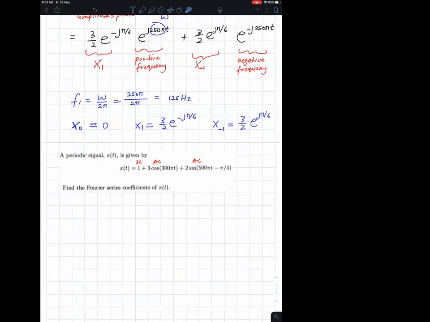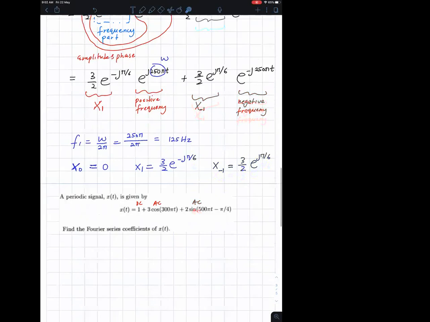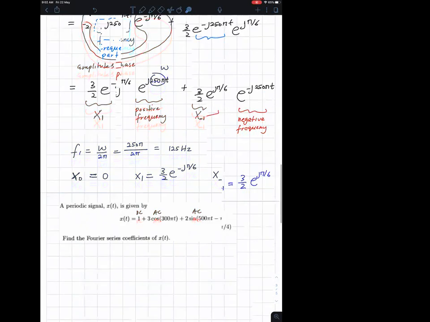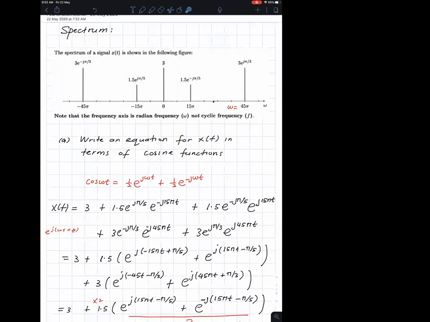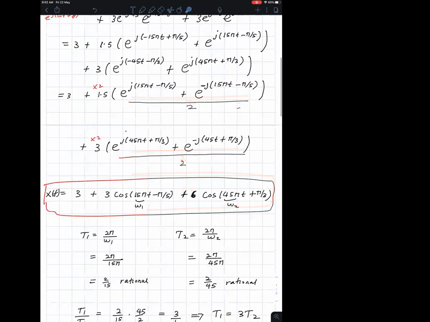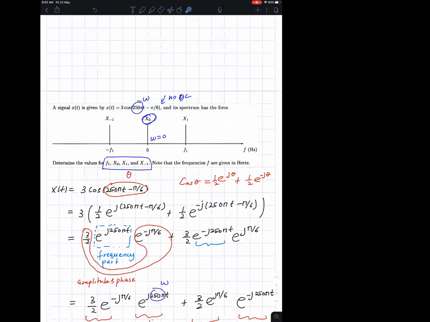Okay, periodic signal is given. Find the Fourier series coefficients. The same as before. There's coefficients like you found here, right? Previously, earlier on you were given this spectrum. From there you wrote the equation. So you were given a spectrum.